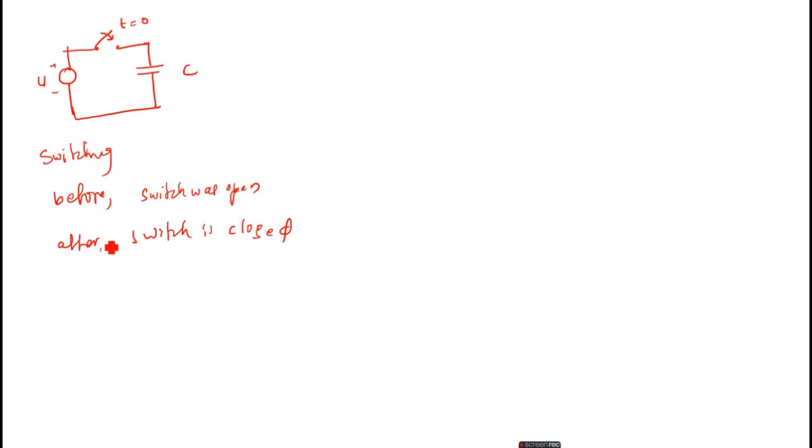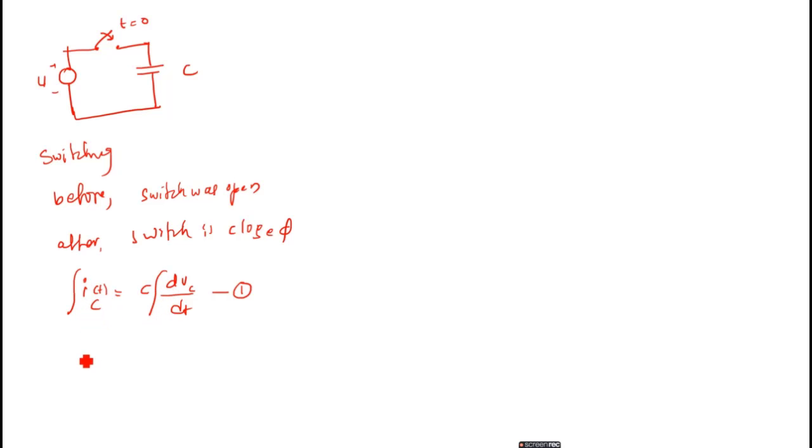All right, we know that the standard expression for the current through a capacitor is given by i = C dV/dt. Call this equation number 1. So integrate this equation, applying integration on both sides.